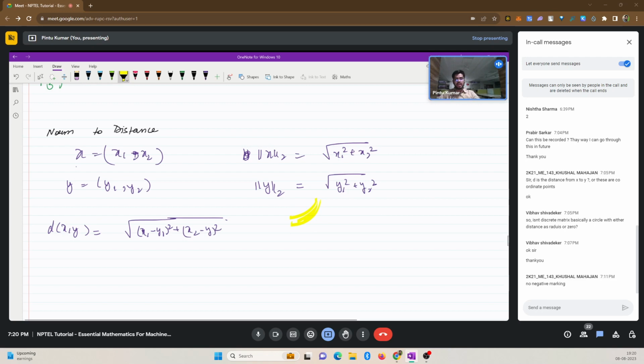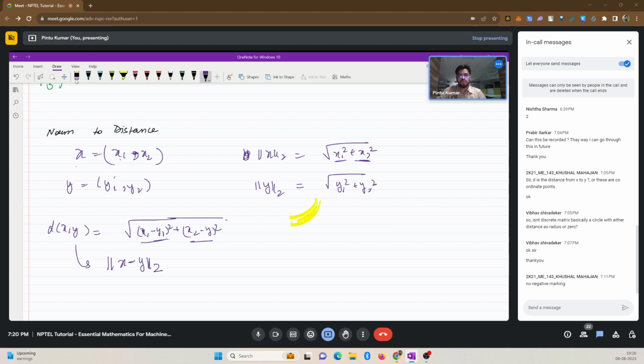If you look at it carefully, the distance between x and y is nothing but the length of x minus y. If you do x minus y, it would be x1 minus y1 and x2 minus y2, and if you put that in this norm formula, it's exactly the same thing that you would obtain.